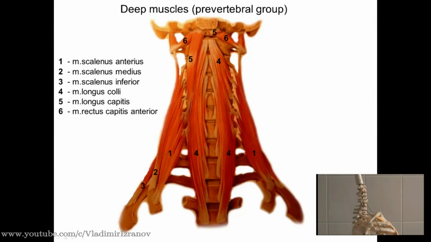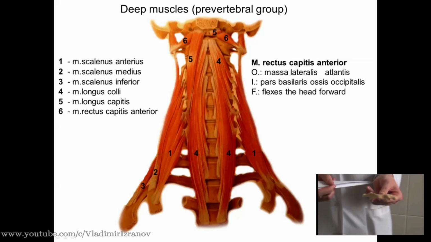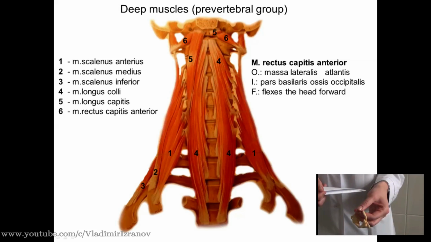And the next muscle, number 6, you can find here, near the skull. This is musculus rectus capitis anterior.